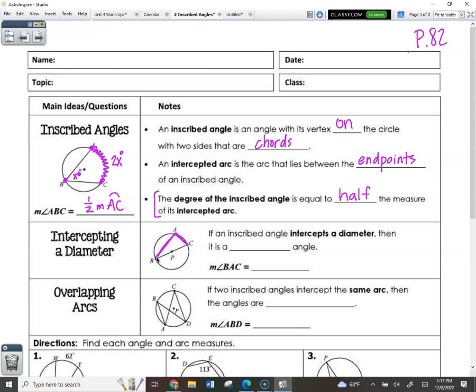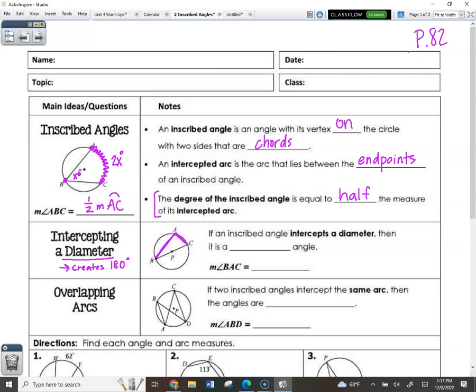And I don't want to just tell it to you. I want to see if you can get there because I feel like you can. What did we say diameters do? They cut the circle in half, which means you have 2 180s, right? So diameter, remember, creates 180.